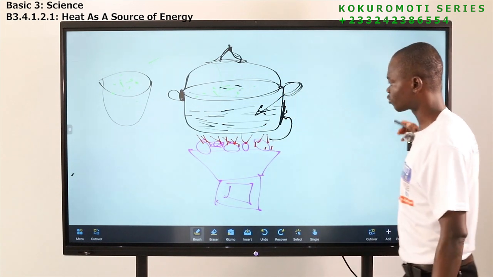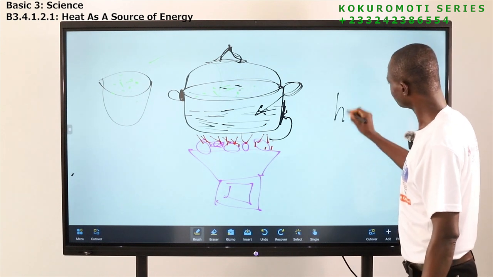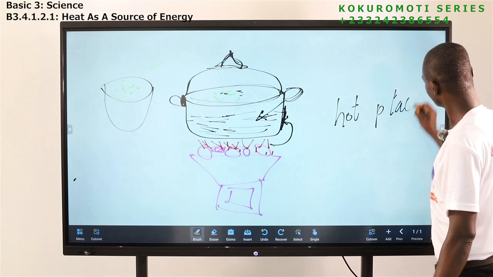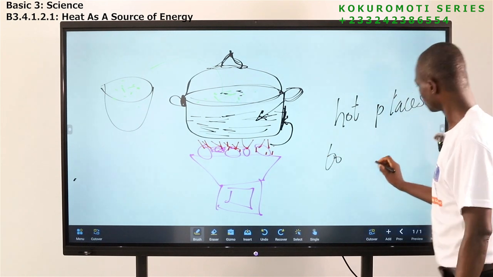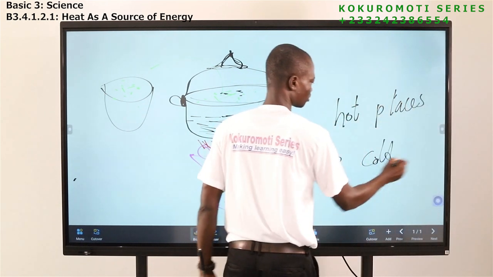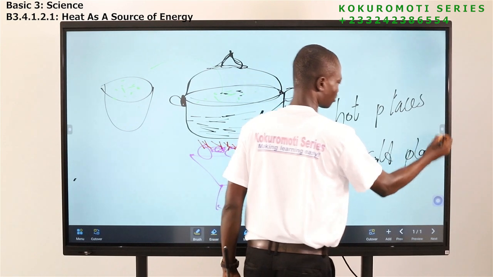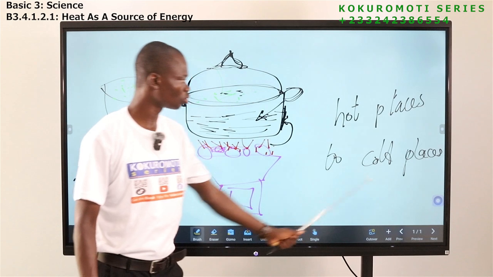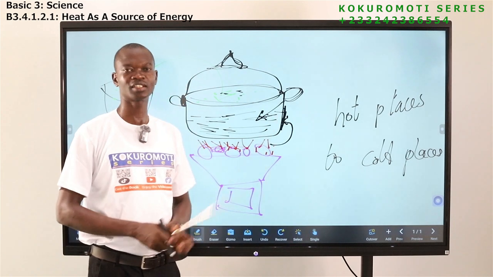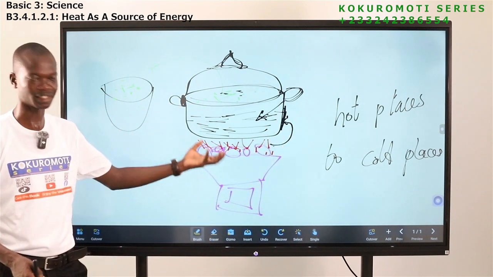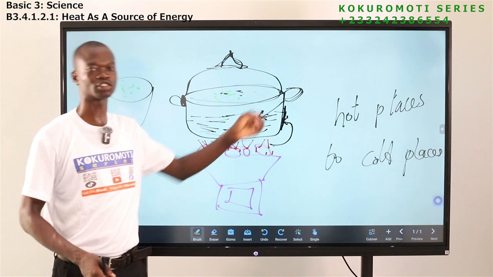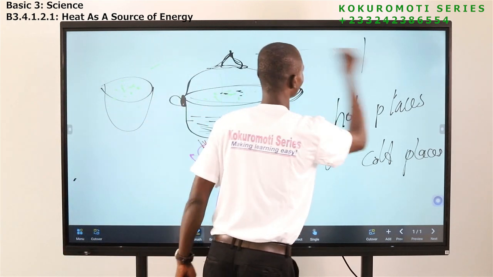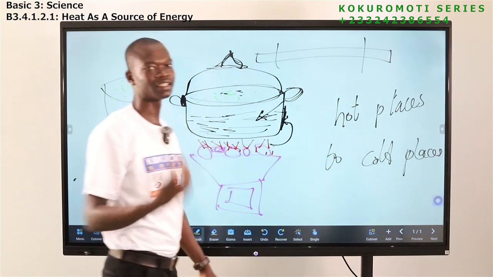So heat always transfers from hot places to cold places. There is no way heat will transfer from cold to hot. Always heat moves from hot points to points that are not hot. So the difference in temperature of something will determine where the heat will transfer from.